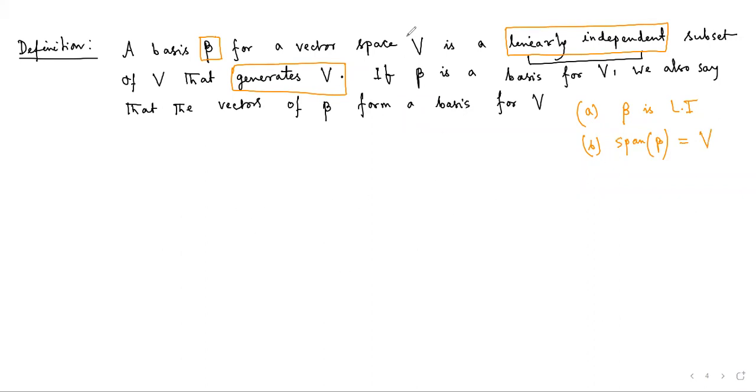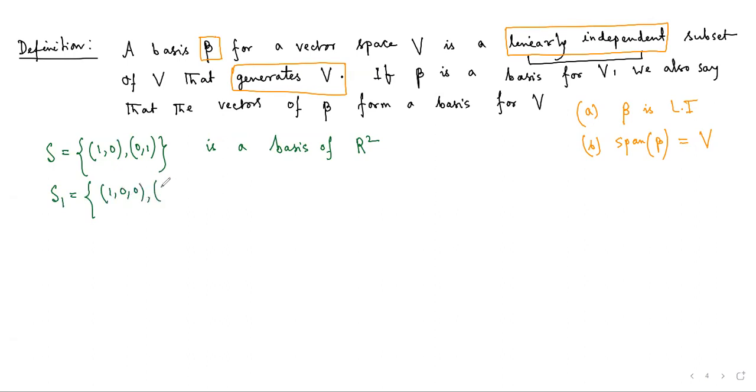If I keep this definition in mind, then we can immediately say that S = {(1,0),(0,1)} is a basis of R2. S1 = {(1,0,0),(0,1,0),(0,0,1)} is a basis of R3.